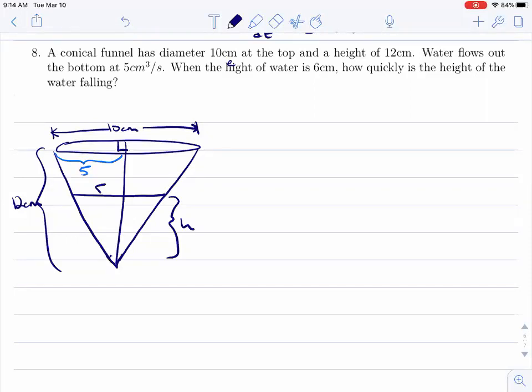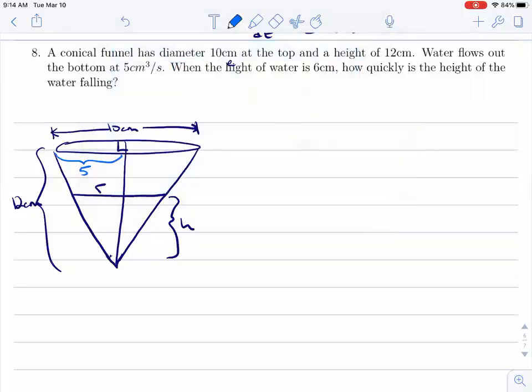So if we break it down and look at half of this cone, then I can figure out what r is in relation to 5 if I know how h is related to 12.